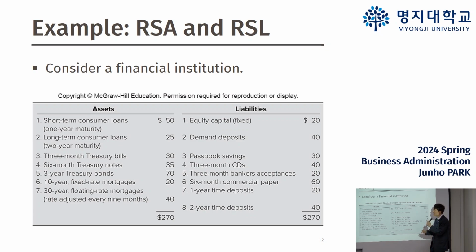So therefore, the textbook says you should not include the passbook savings as rate-sensitive liabilities. But again, nowadays passbook savings are not frequently used, so we don't have to care about it that much. So we are just going to ignore it.